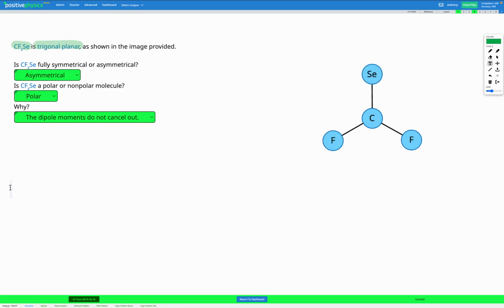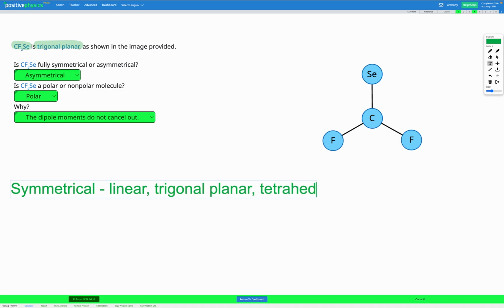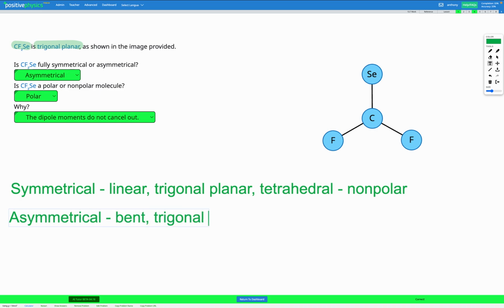So, to summarize, we have some symmetrical geometries. Those are linear, trigonal planar, and tetrahedral geometries. Since they're symmetrical, the dipole moments will cancel out and they will be non-polar. Then we have some asymmetrical geometries. Those are bent, orthogonal, pyramidal.